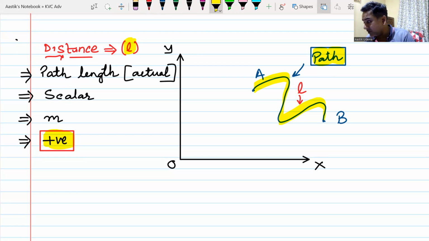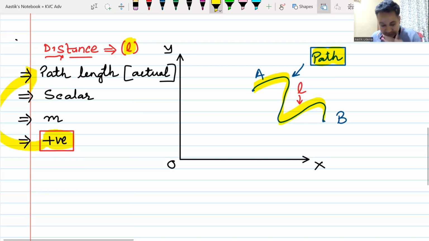Why is it always positive? Because it is the length of the path. Length cannot be negative. Therefore, it is always going to be positive. Do we understand this now? Yes, sir.